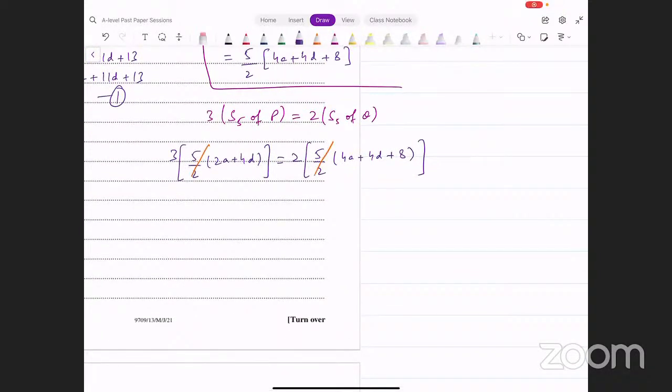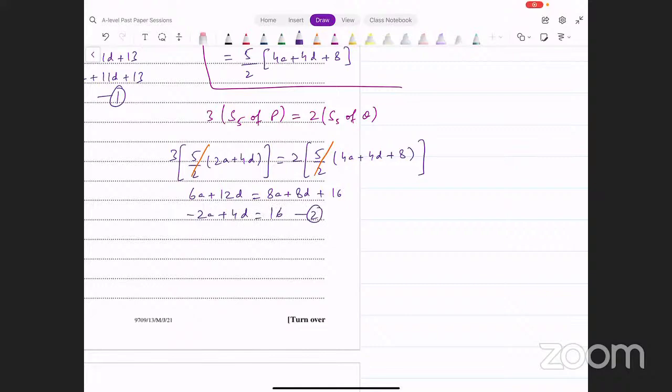What are we left with? We're left with 6A plus 12D equals 8A plus 8D plus 16. ठीक है, and this is going to give me minus 2A plus 4D equals 16. This is the second equation.